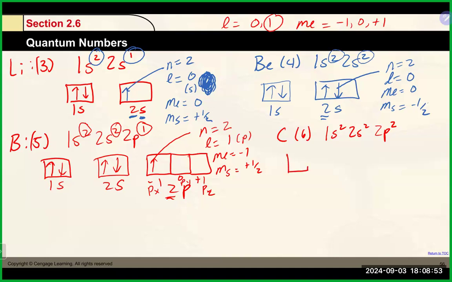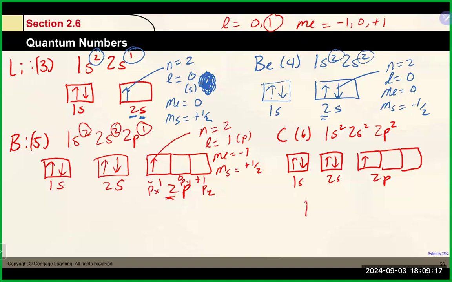We will roll through here with our orbital diagram. So up, down, we went up. We now also have, in this case, some options as to where you might want to put the next electron.